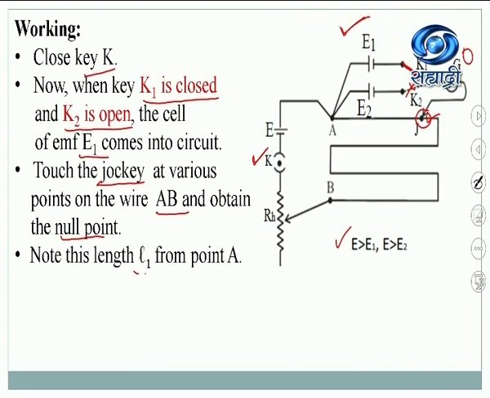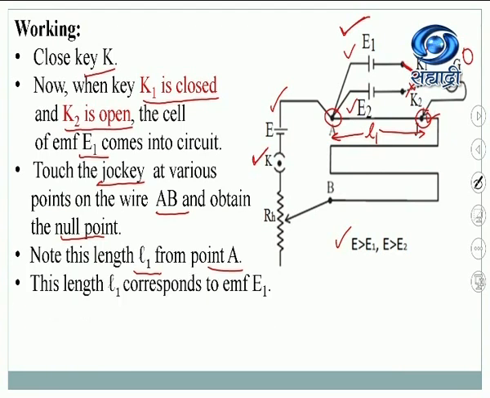Now, note the length L1 from point A. Always remember, whenever we measure the length from point A, which is always connected to the positive terminals of the cells. So measure this length, say this is L1 from A to this point J. This length L1 corresponds to the EMF E1, from the principle of potentiometer.